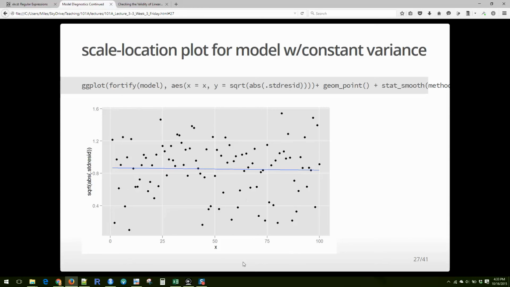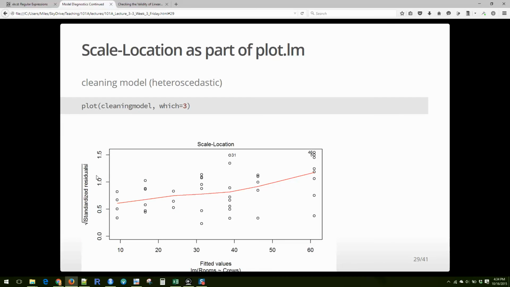You could perform a linear model between x and the square root of the standardized residuals to verify that it is indeed flat. Okay, this is again called the scale location plot. So if you just do plot of the model, when you plot the model, this is the scale location plot.